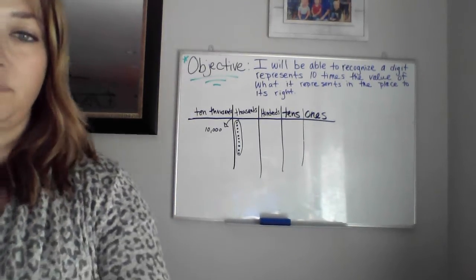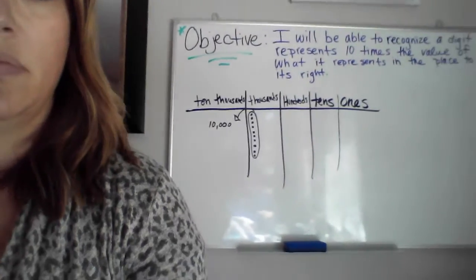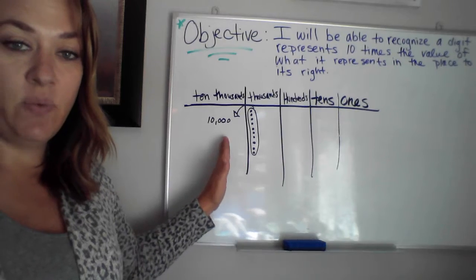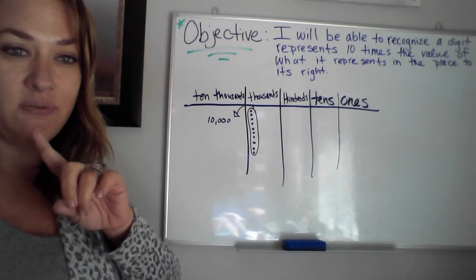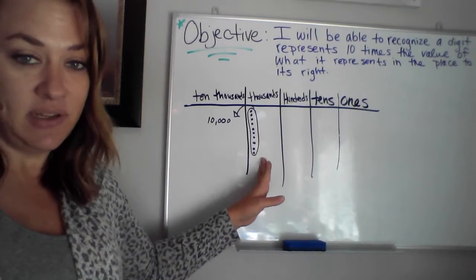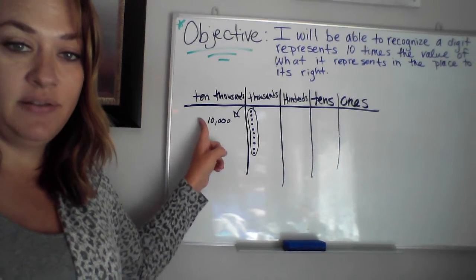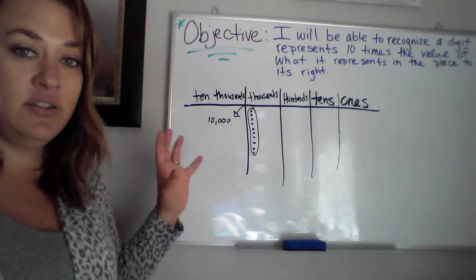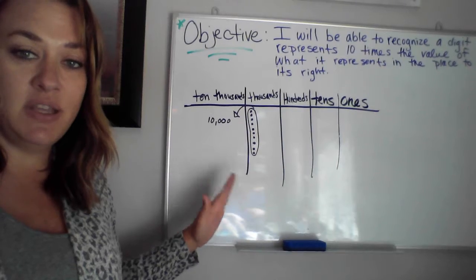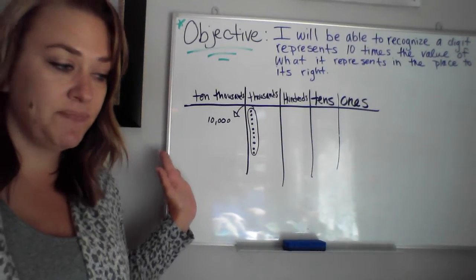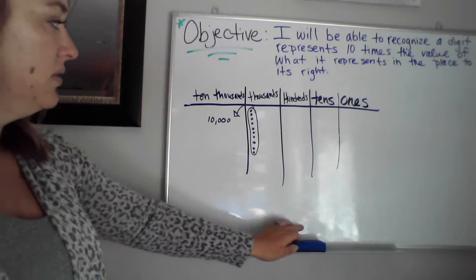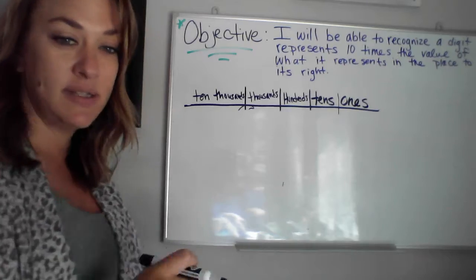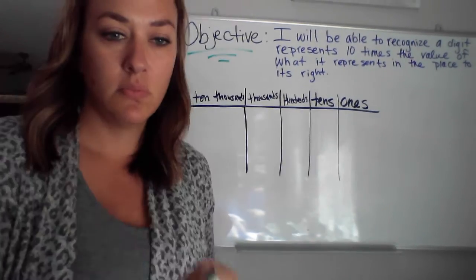If I have 10 in my thousands place, that means I have 1 ten thousand. You can hear it when I try to read it, right? Just because we're working with a bigger unit doesn't change how we move on the place value chart. It's going to be the same. I'm going to clear this off really quick and set up our next problem.